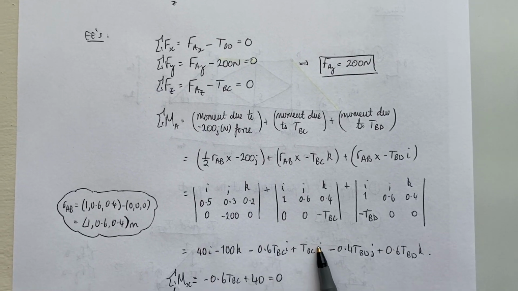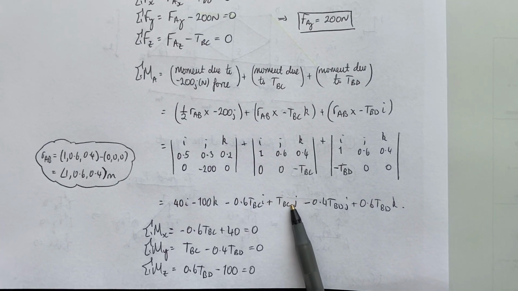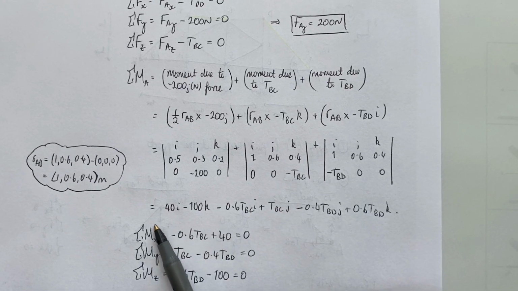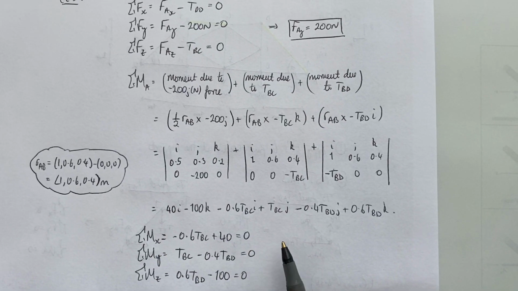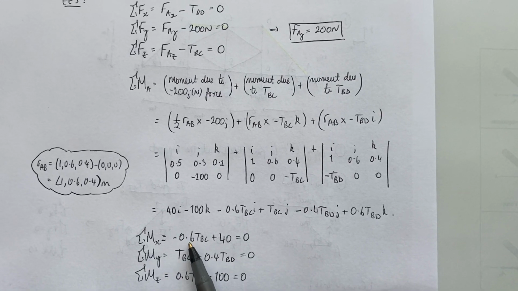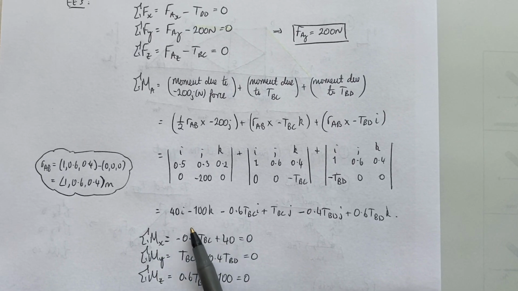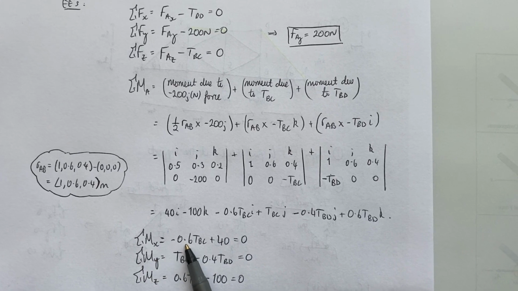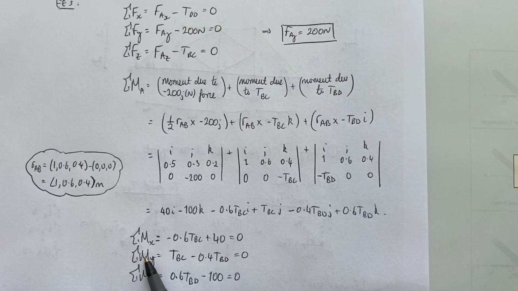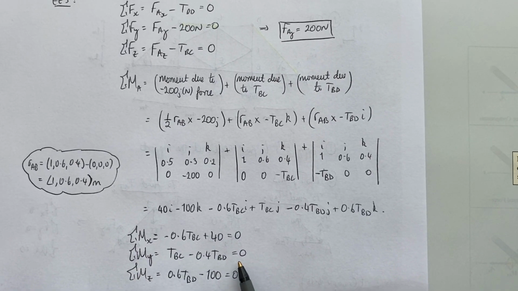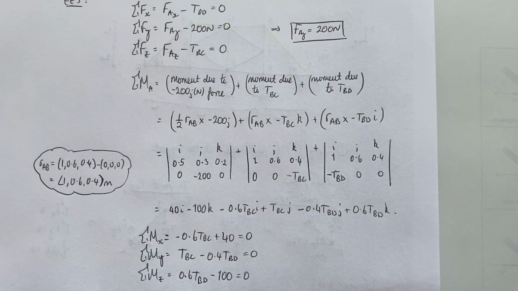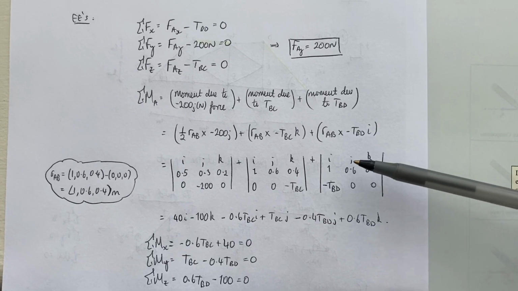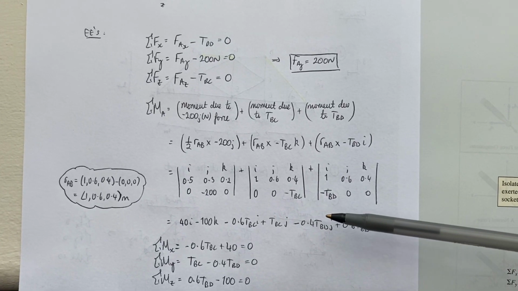And what I do to get my 3 further equilibrium equations is to separate the I's, J's and K's into 3 further equations. So the I's go into the sum of the moment about the X, the J's go into the sum of the moments about the Y, and the K's go into the sum of the moments about the Z.